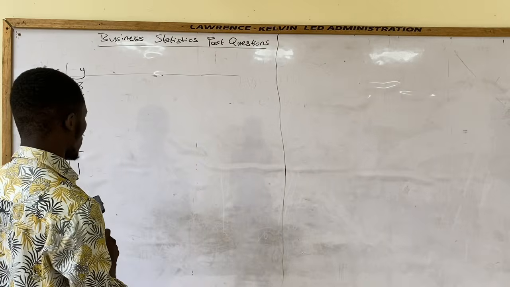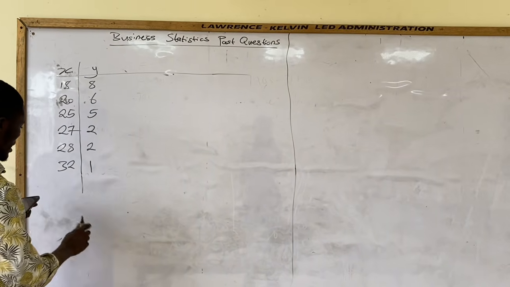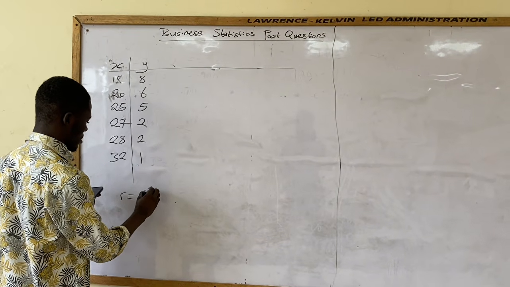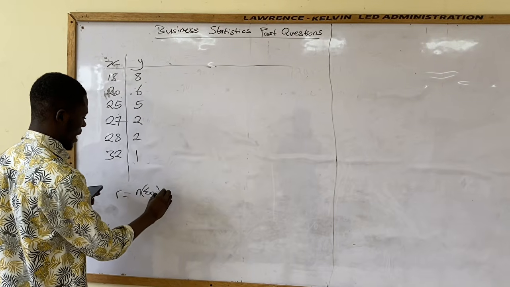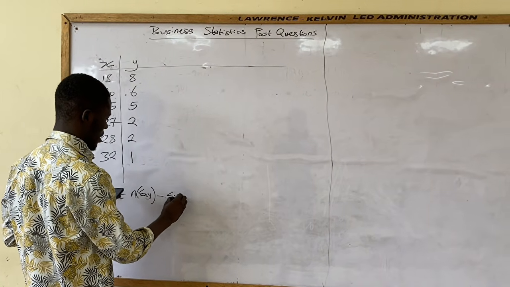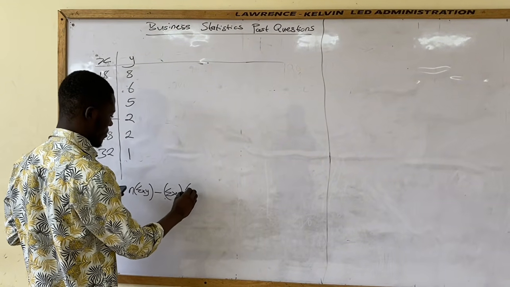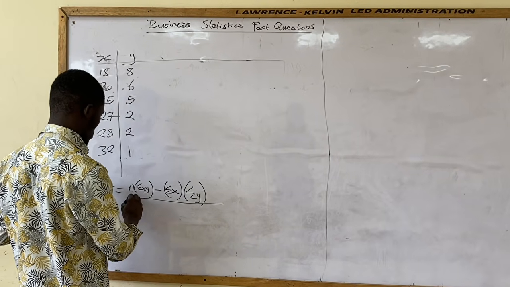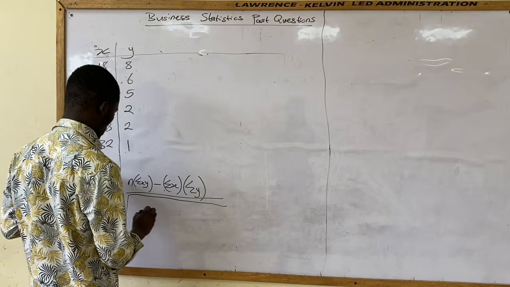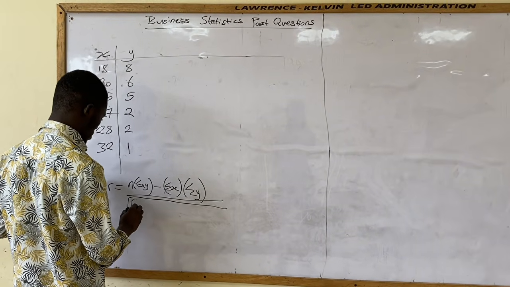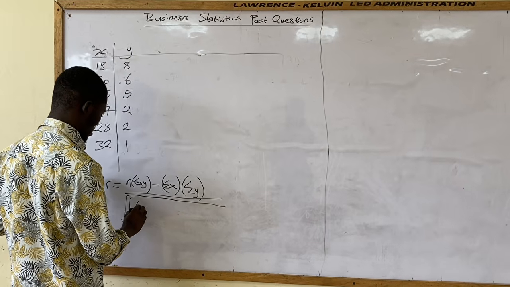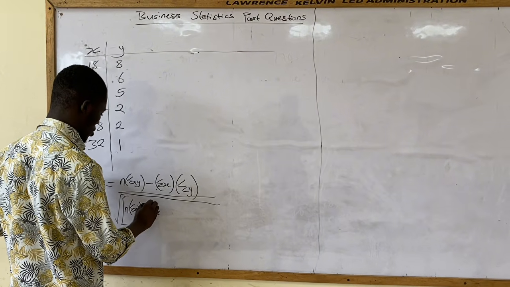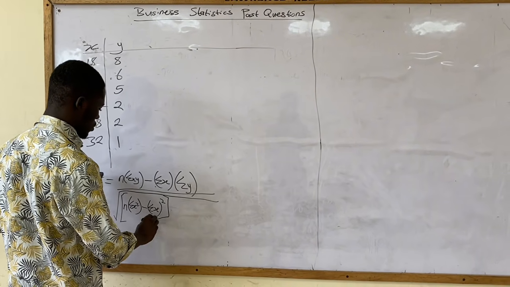Our Pearson coefficient of correlation formula is: r equals n times sigma xy minus sigma x multiplied by sigma y, all divided by the square root of, open a bracket, n multiplied by sigma x squared minus sigma x all squared, then close your bracket.